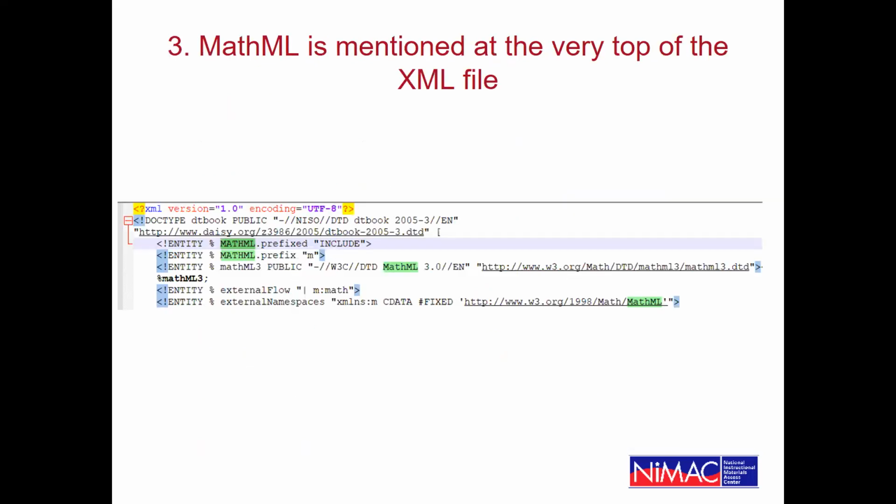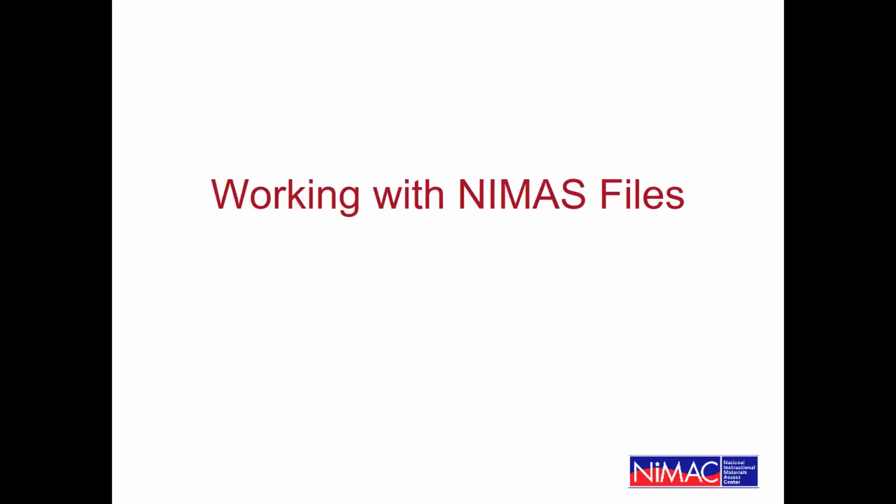The third way is that if you've already downloaded the file, you can check by looking at the top of the XML file. This is a little more in the weeds for the more techie people, but if you open that XML file in Notepad or an XML editor, you would see several lines at the top that reference MathML. You're only going to see those if the file has MathML in it.